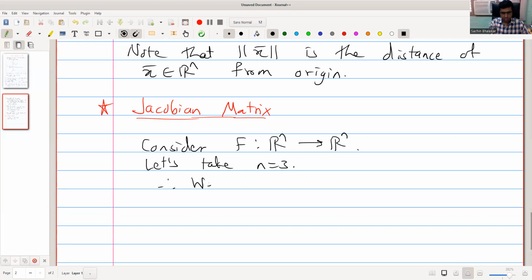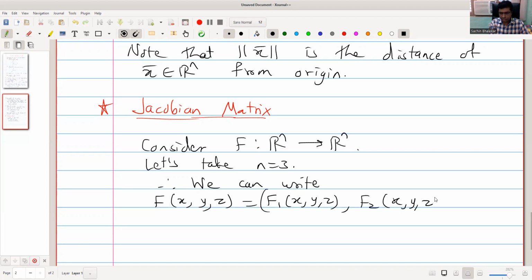Therefore, we can write f of, so here f is from R3 to R3. So domain variables are, say, small x, small y, and small z, equal to, say, f1 of xyz, comma, f2 of xyz, and f3 of xyz.